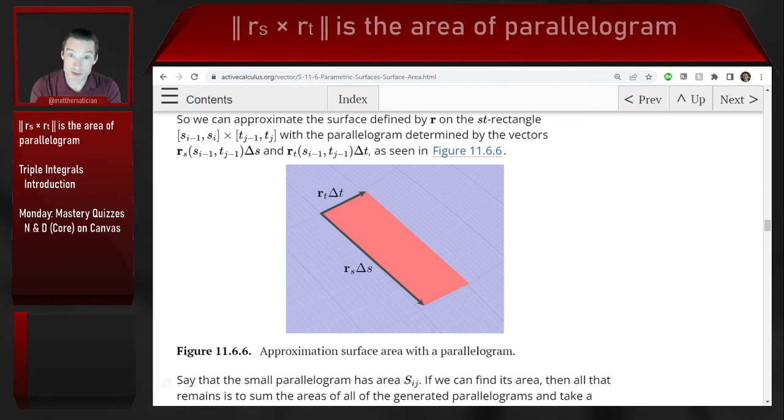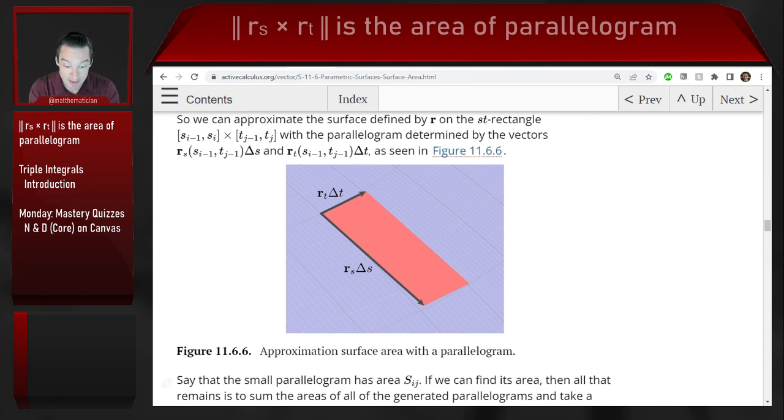And if I take their cross product, what I get is a vector whose direction is perpendicular to both of the tangent vectors. So in particular, that cross product vector is going to be perpendicular to my surface at that point. And its magnitude tells me the area of this teeny tiny little parallelogram on top of my surface.